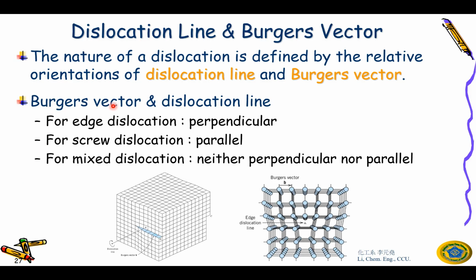For the edge dislocation, the Burgers vector and dislocation line are perpendicular. The Burgers vector is in this direction, but the edge dislocation line goes from the front to the back of this page, so it's perpendicular. For the screw dislocation, they are parallel. The Burgers vector is in this direction and the screw dislocation is in this direction, parallel. For the mixed dislocation, it is neither perpendicular nor parallel.